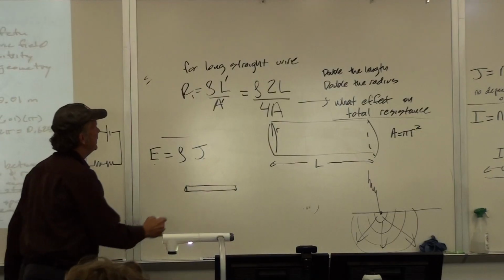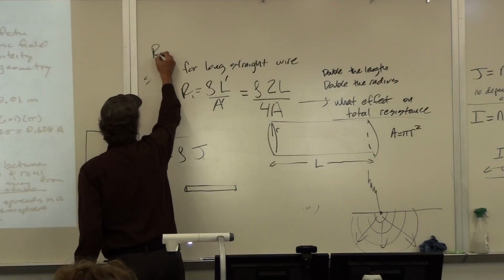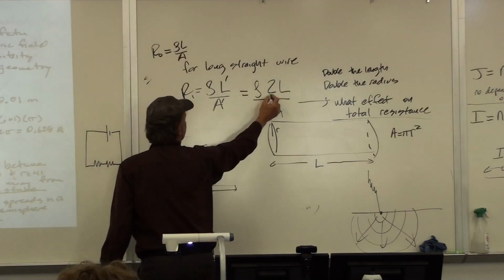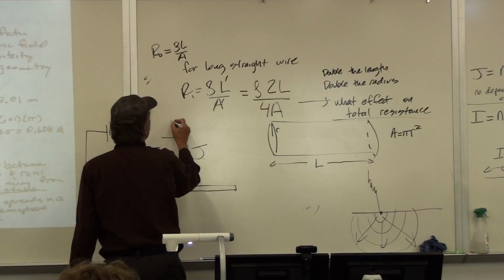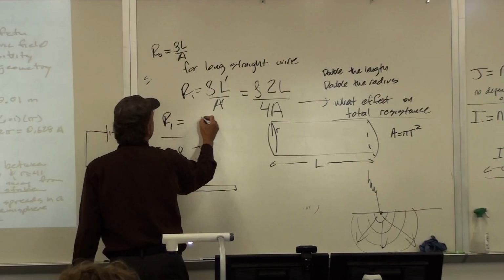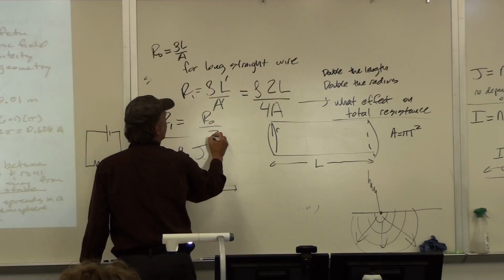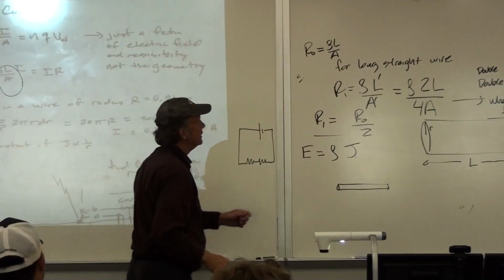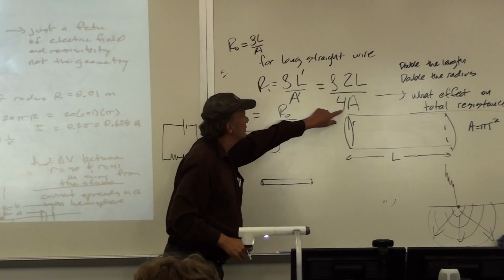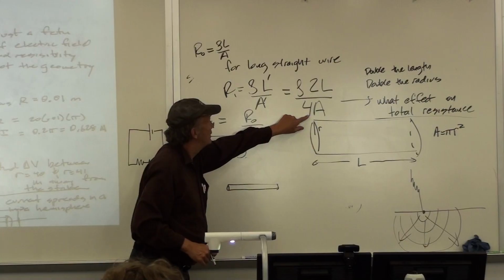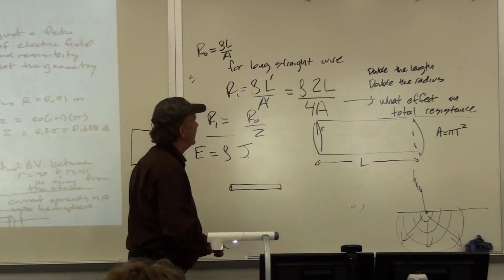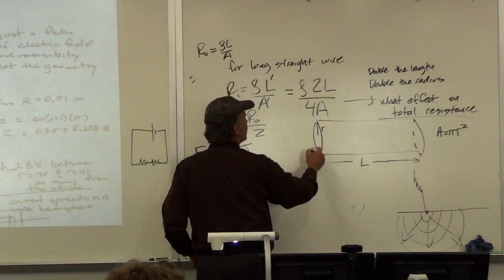And so if we look at that relationship to R naught, which is rho L over A, we see here that we've got a 2 divided by 4, and so R1 is equal to R naught divided by 2. Because it's 2/4, and so in other words, by doubling the radius, we made the area 4 times bigger.